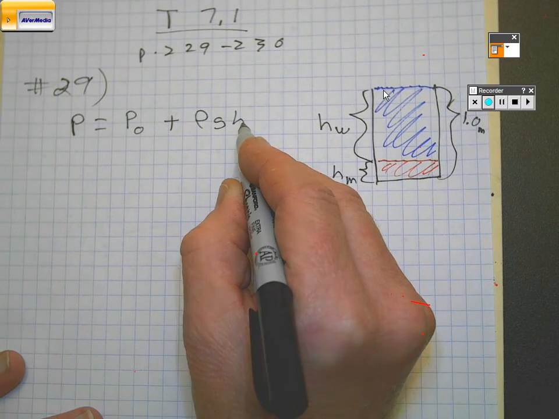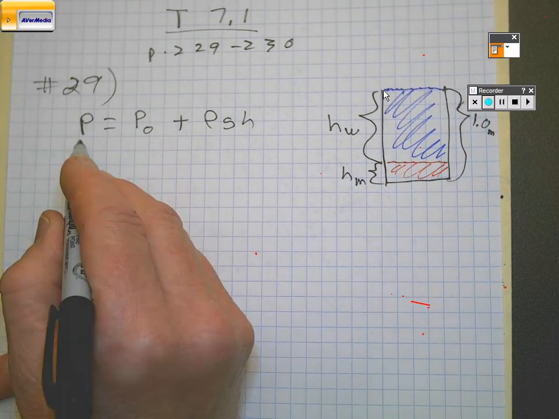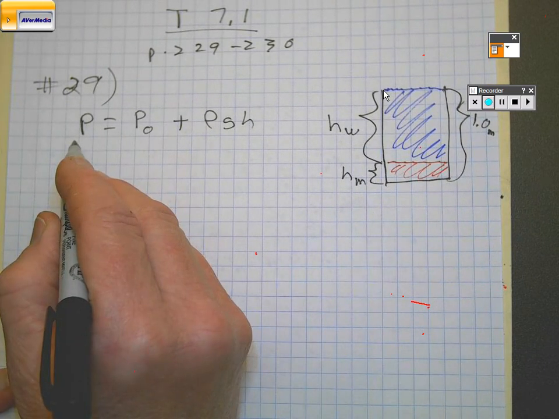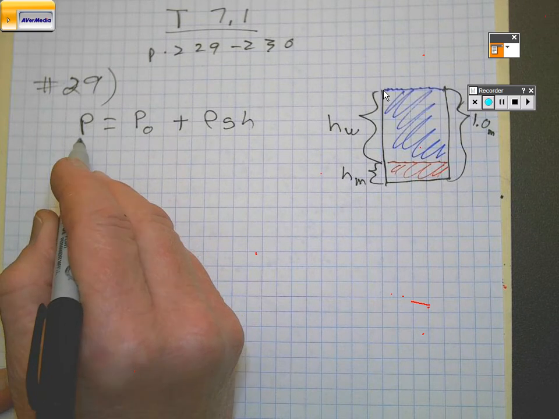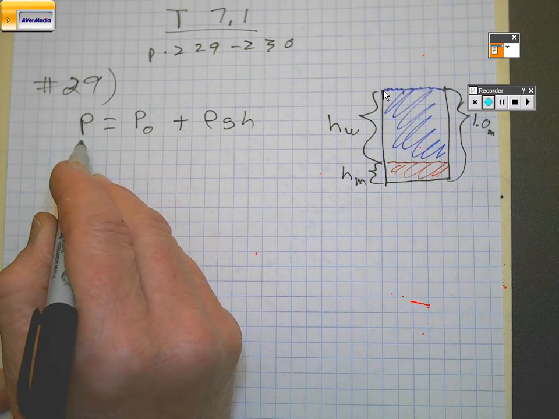So just to get you started, the P that we start with will just be the atmospheric pressure, which we know what it is. You can look it up, and I've mentioned how many pascals that is, and that's what we want to use, pascals.